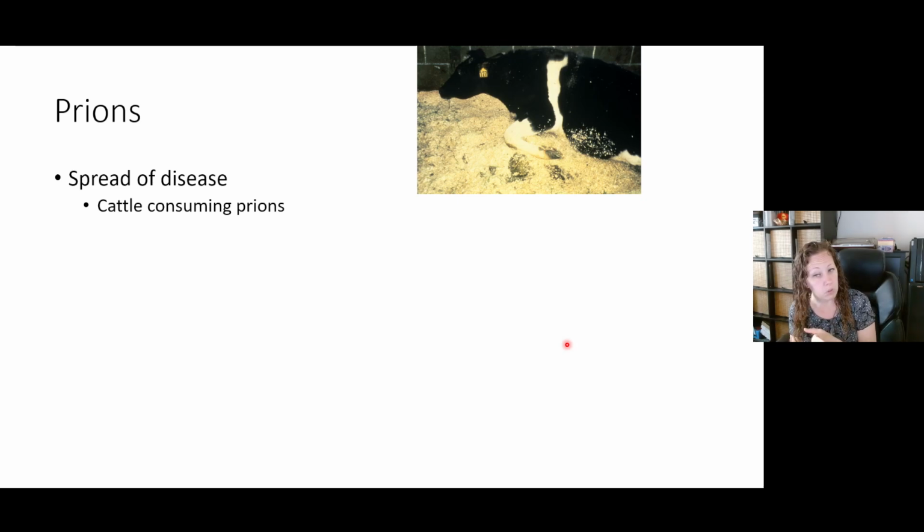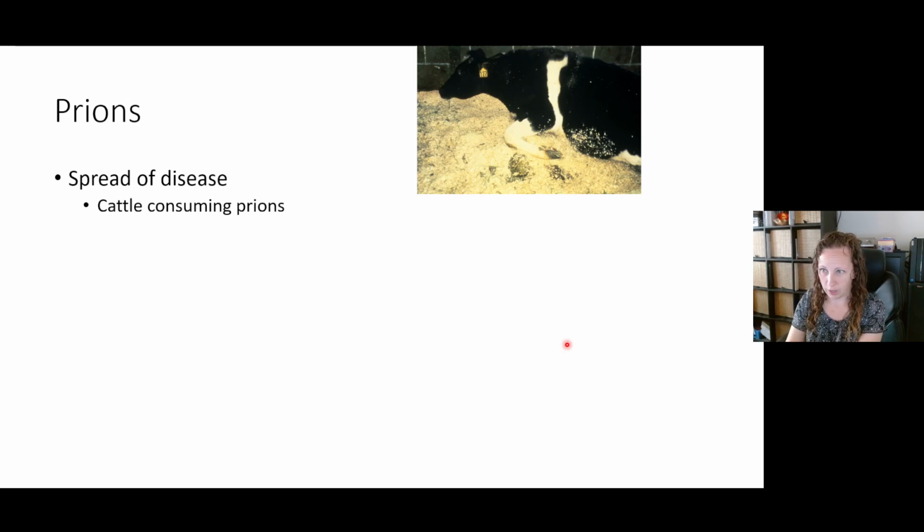So older animals are already more potentially prone to getting just the natural form of mad cow disease just because of their age. Like things just break down and happen. And so what happened was now these cattle were being fed meat and bone meal from older cattle that were more prone to getting this disease.